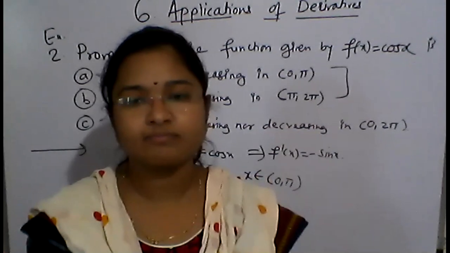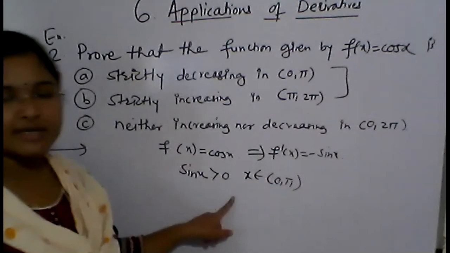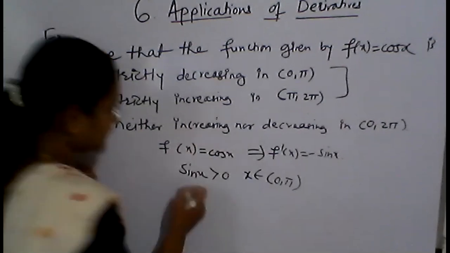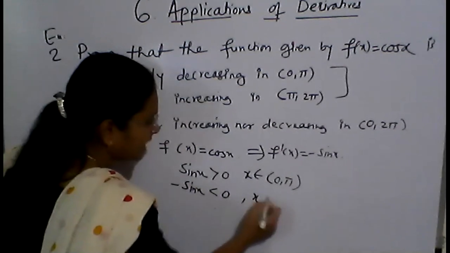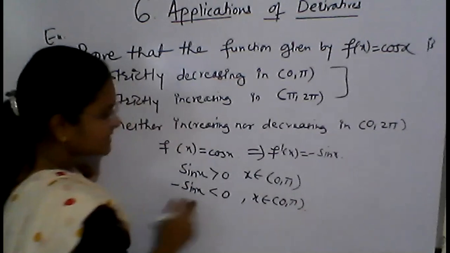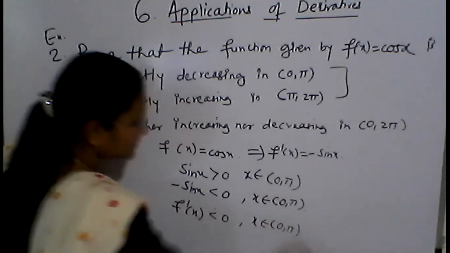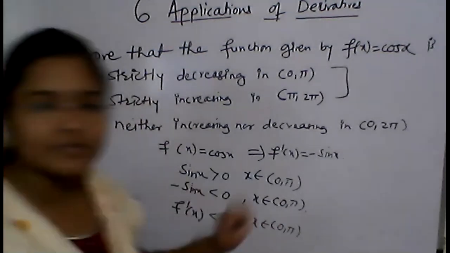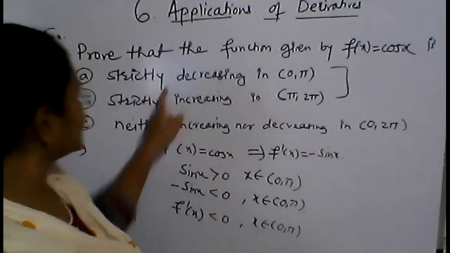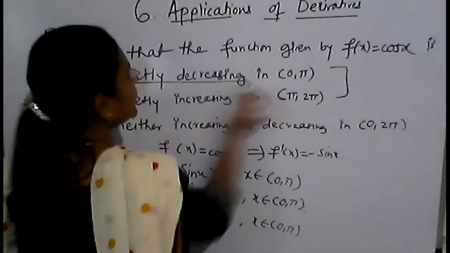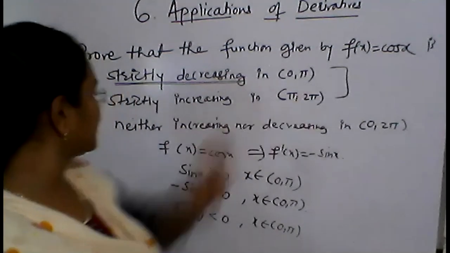So if sine is positive, then minus of sin x will be negative for x belongs to 0 to pi. What is minus sin x? f dash x. Okay? Yes or no? So for the interval 0 to pi, the function is strictly decreasing.